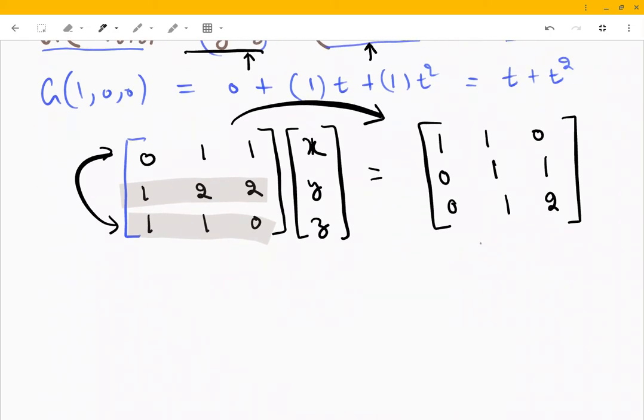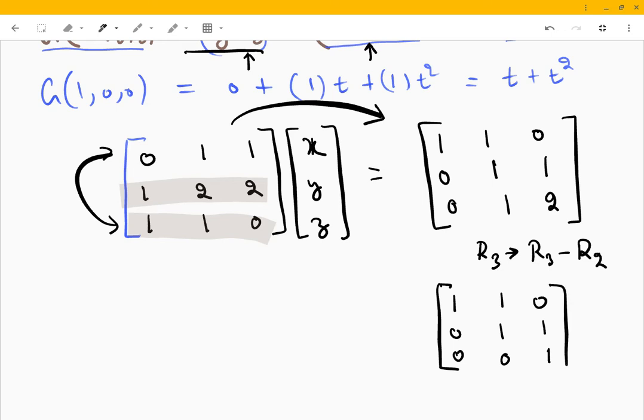Next I will do R3 changes to R3 minus R2, so I get 1 1 0, 0 1 1, and 0, 1 minus 1 is 0, 2 minus 1 is 1. Okay, so this is what I get.